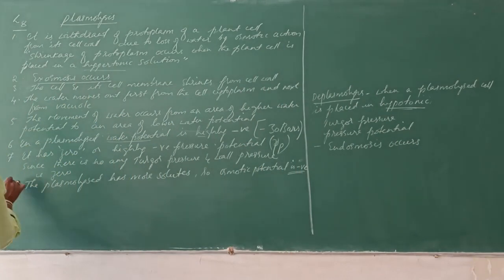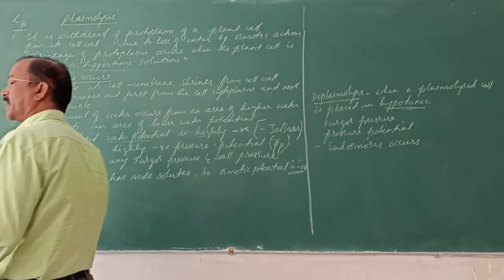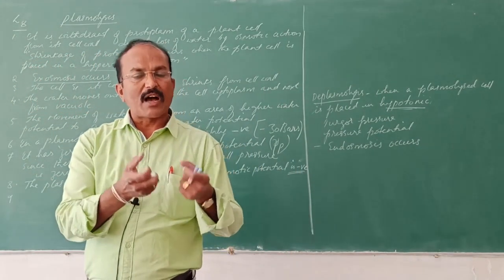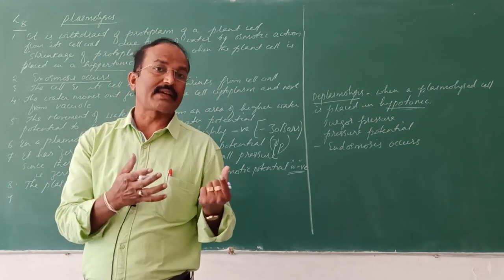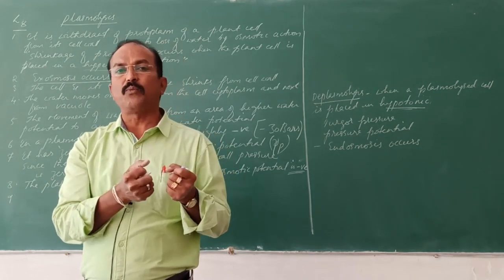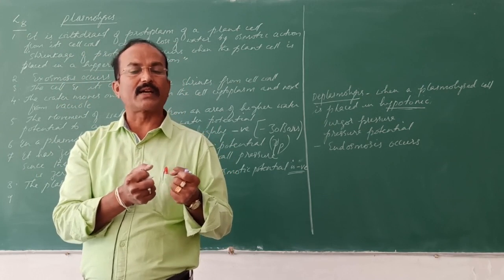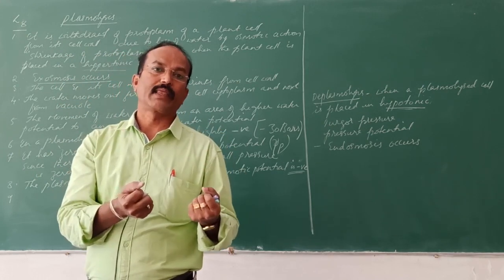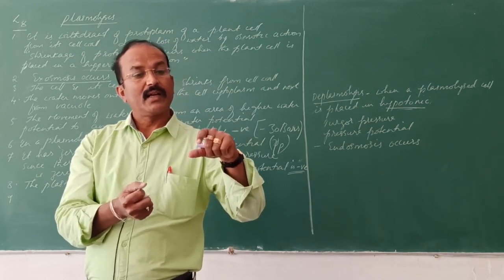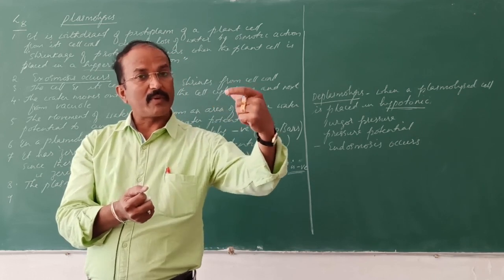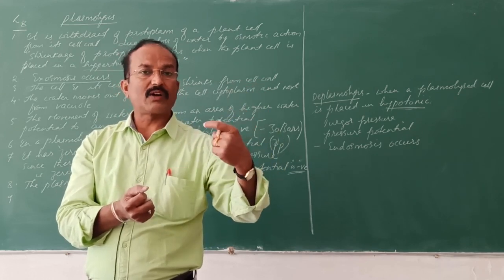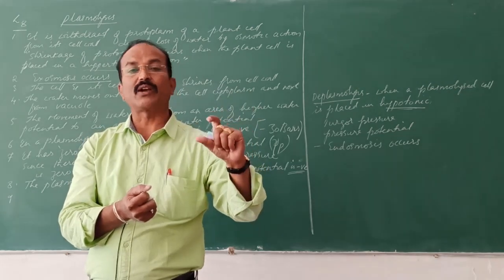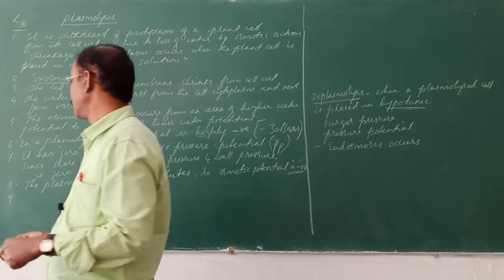When such cells are put into hypotonic solution, the cells quickly absorb the water. We call it sucking. The cells suck more and more water quickly. So the pressure with which the plasmolyzed cell sucks the water is called suction pressure.